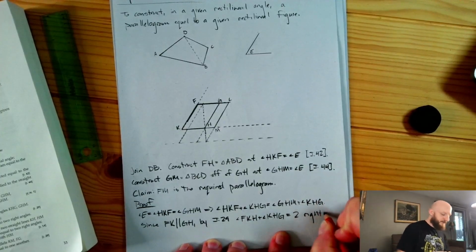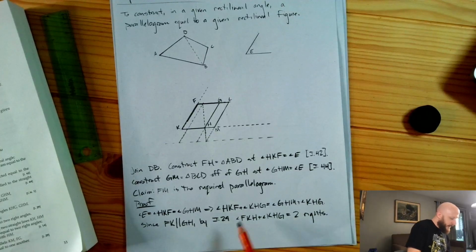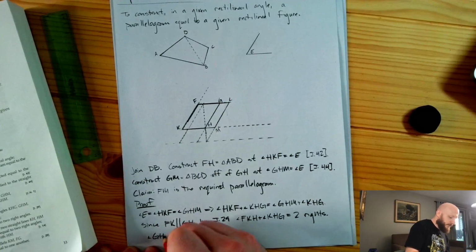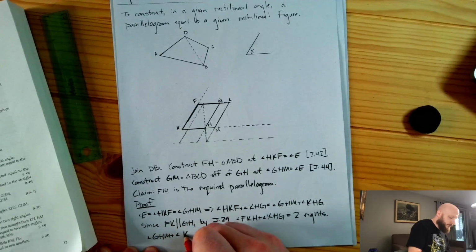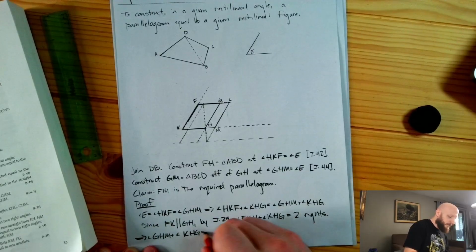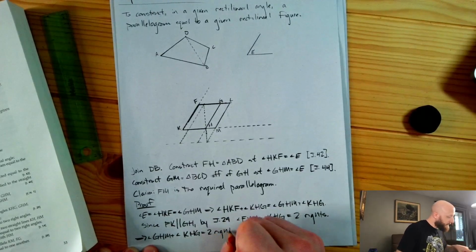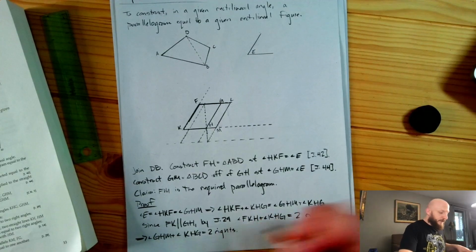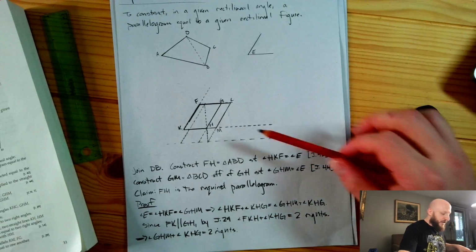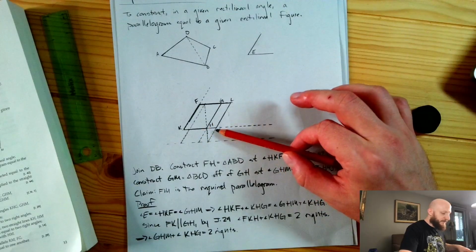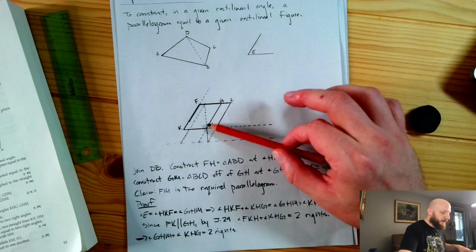Well, then that means that angle GHM plus angle KHG equals two rights. So again, just looking at the diagram, GHM plus KHG, these two angles right in here, are equal to two right angles.